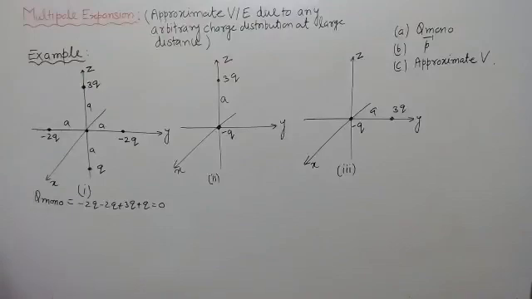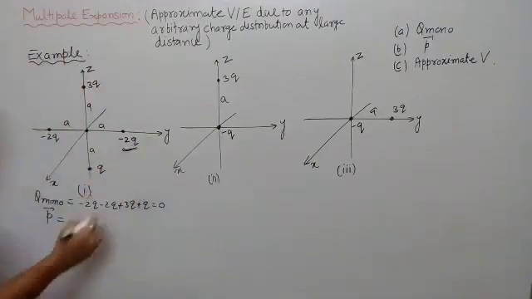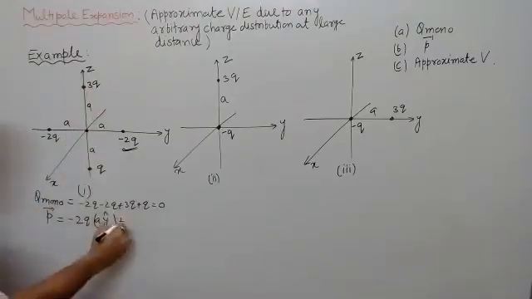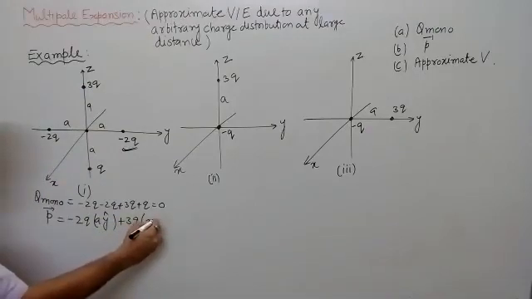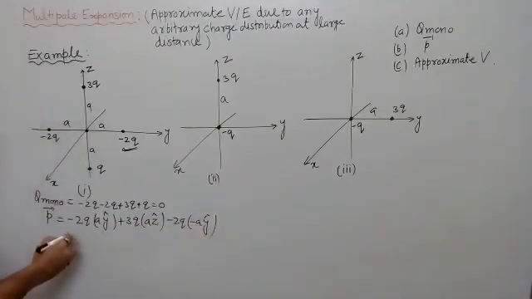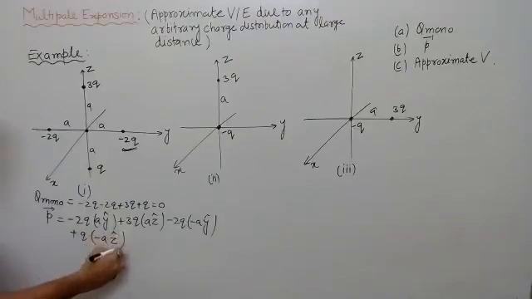Then you have to see the dipole moment. What will be the dipole moment? Sum of Qi Ri dash. So start with this charge. What will be the position vector? Minus 2Q a y cap, then plus 3Q a z cap, then minus 2Q into minus a y cap, then plus Q into minus a z cap.